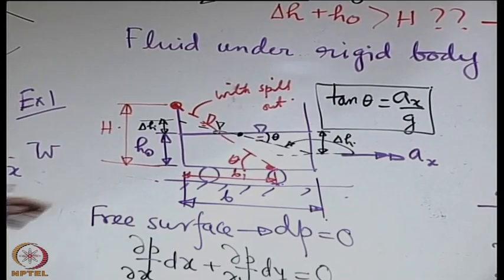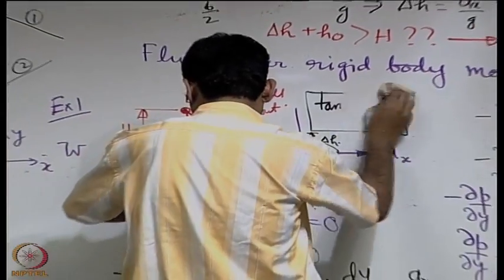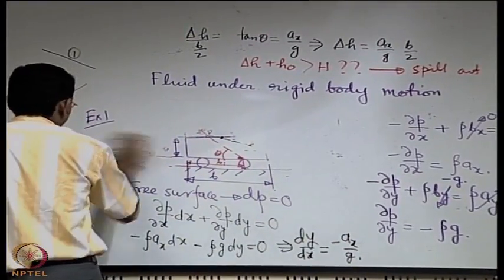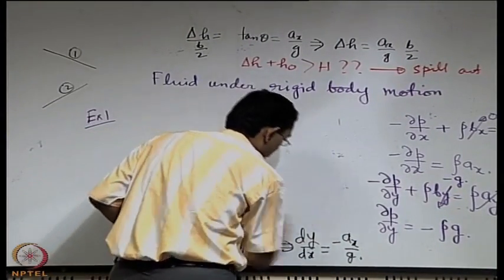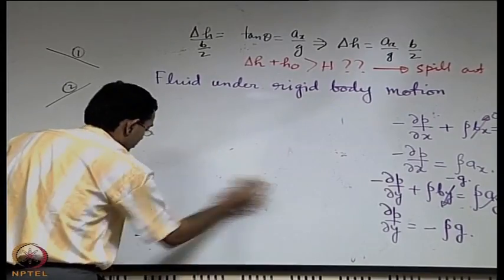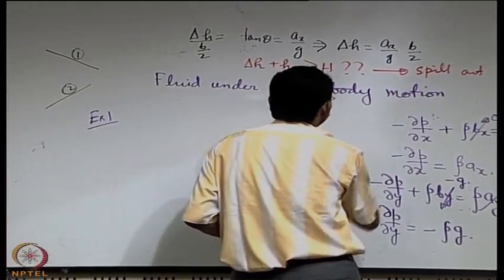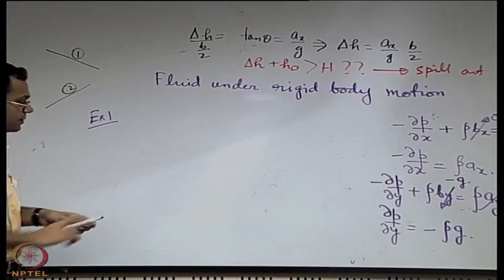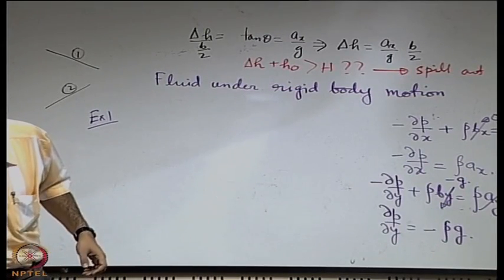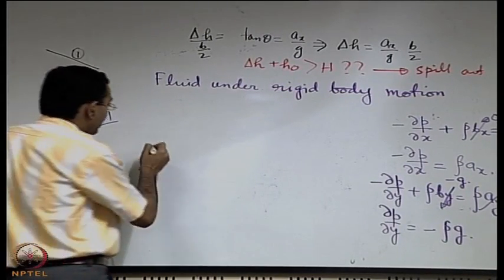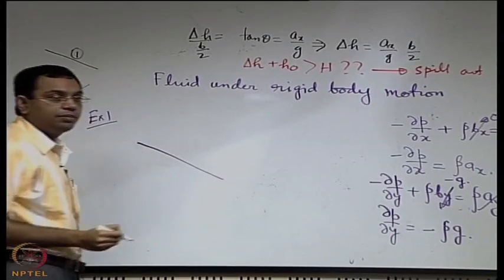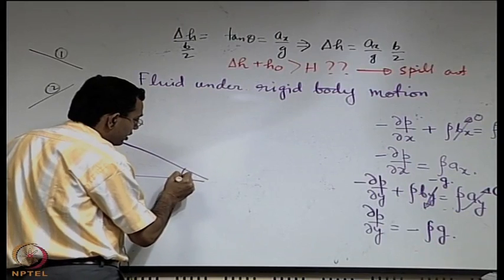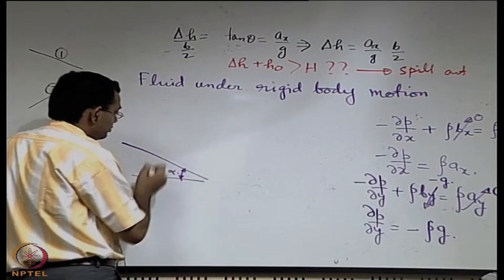Let us take a variant of this example. The variant of the example is that now we have the tank located on an inclined plane with an angle of inclination alpha.